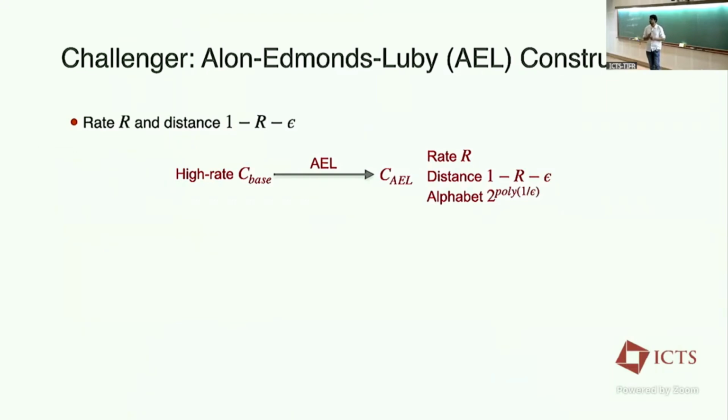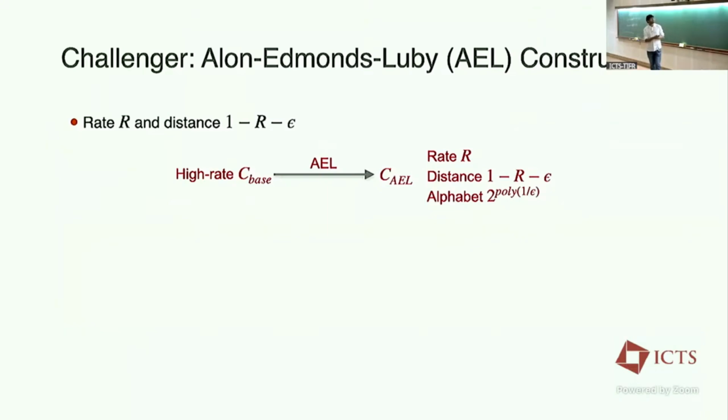That's just the Singleton bound. What we are saying is that rate can be lowered and distance can be boosted in a near optimal way. So distance goes from very small to 1 minus r, and the rate falls from 1 minus epsilon to r. You can do this while keeping the alphabet constant and not dependent on n.